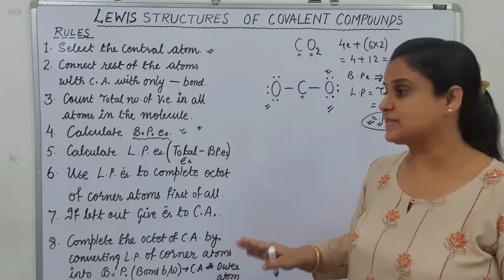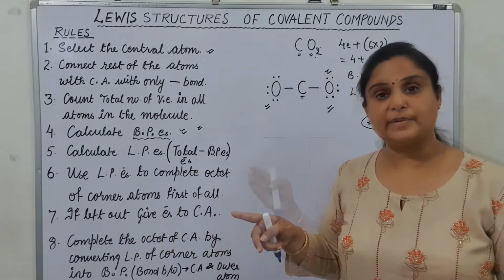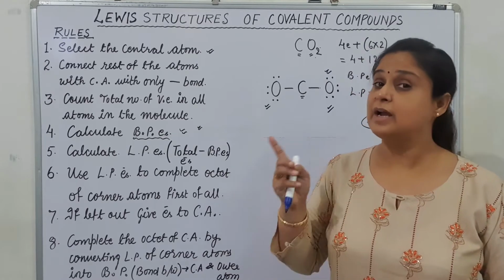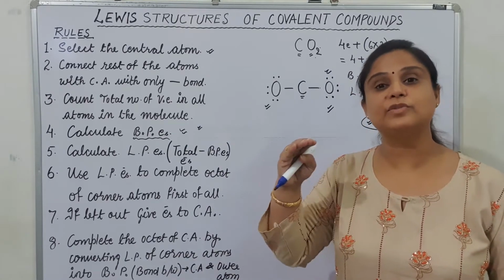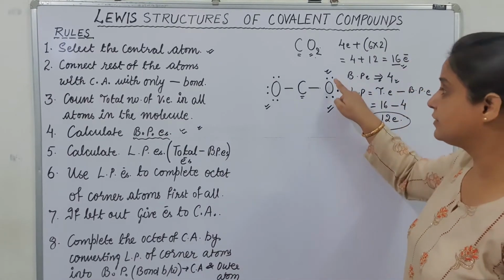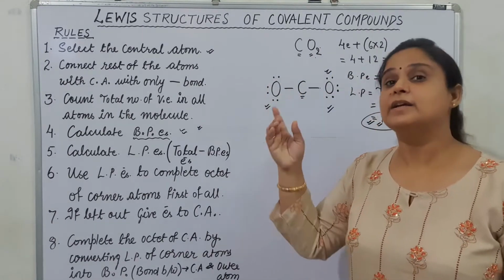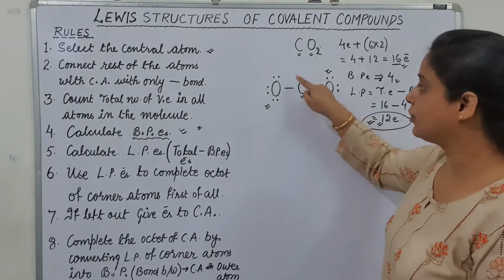And next step says that we have to check whether the octet of the central atom is completed or not. If it is not there, then we have to complete the octet by converting the lone pair of electrons of the outside atoms, converting them into the bond pair.